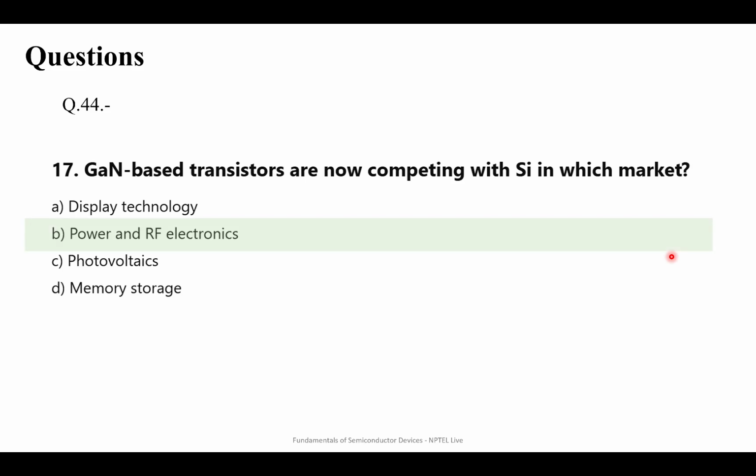We just saw that gallium nitride has a much higher breakdown voltage, so it can sustain much higher power than silicon, and due to higher mobility, the cutoff frequency is much higher. So it is also used in RF electronics.